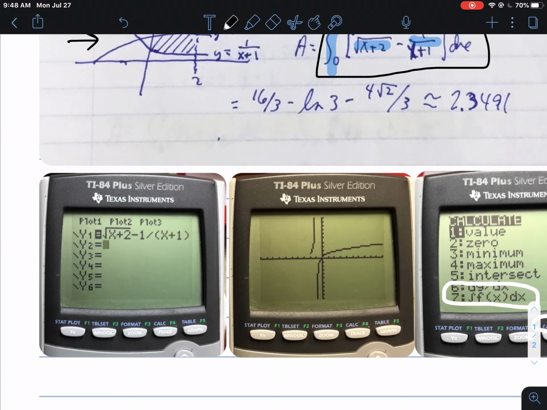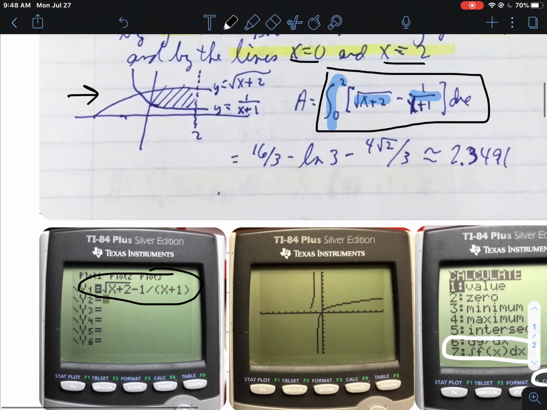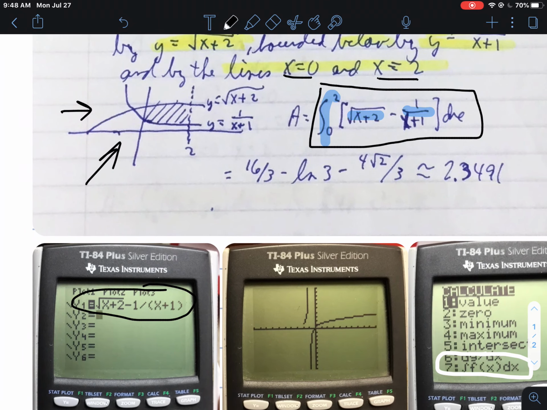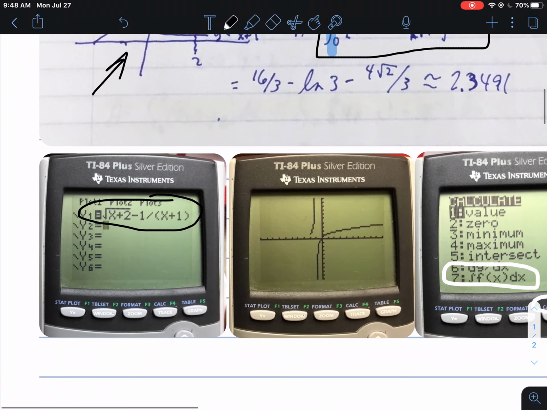Now remember, what are we graphing here? We're graphing this entire function, not the individual functions that we graphed up here. We're graphing our new integrand, which is the difference of those two functions. So the graph you get here is going to be different from graphing the two individual functions. Keep in mind what it is that you're actually graphing.